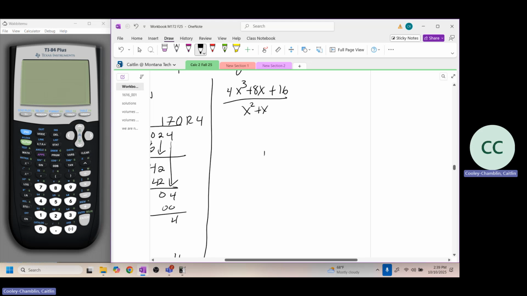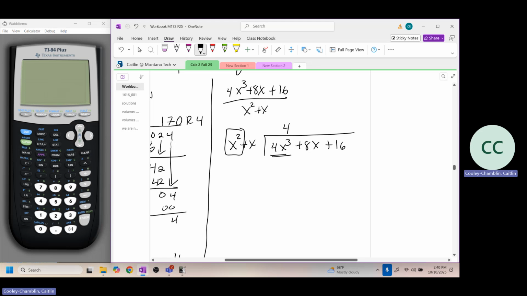So really, this is x squared plus x and 4x cubed plus 8x plus 16. Now, I find long division with functions actually a lot easier than long division with numbers. Okay, so what we need to ask ourselves, what can I multiply x squared by in order to get 4x cubed?